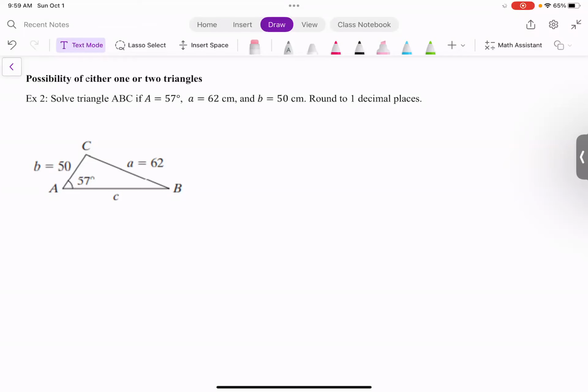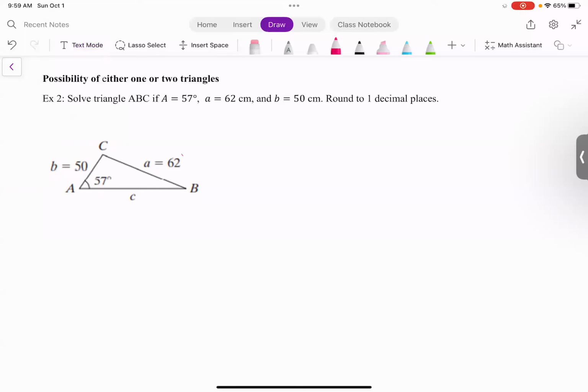So it gave us b and angle A. This is the SSA case. Do we have one solution or two solutions? Let's find the missing information, angle B first, because I know a over sine A, they are given, and I also know the length b.